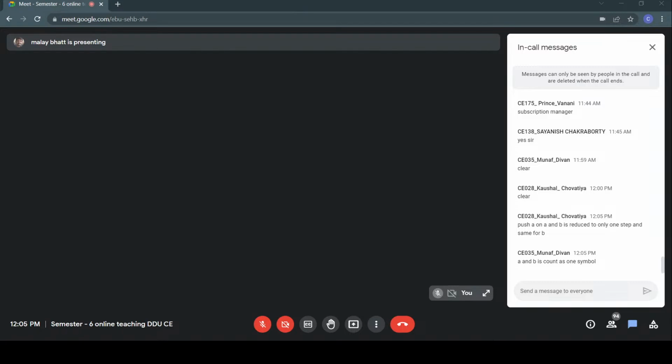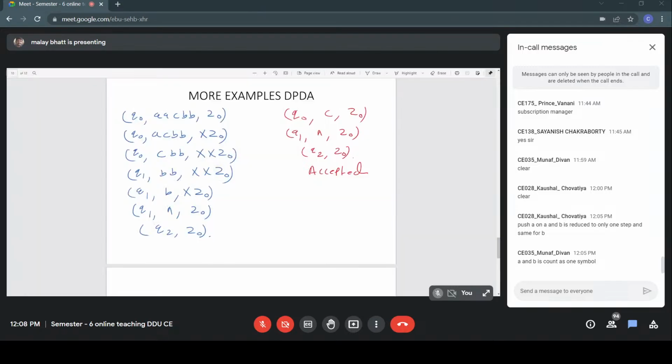So Q0 A C B B X Z0. Then again we have A, so Q0 A X is a push operation: Q0 C B B double X Z0. Again A is converted to capital X and pushed on the stack.